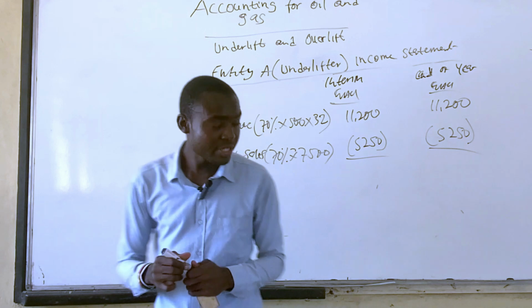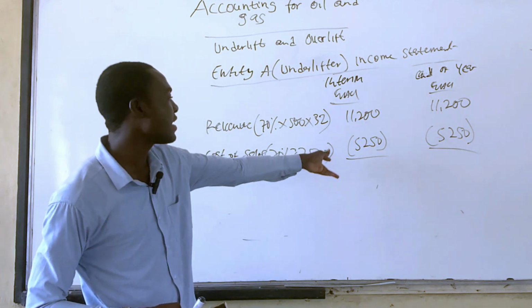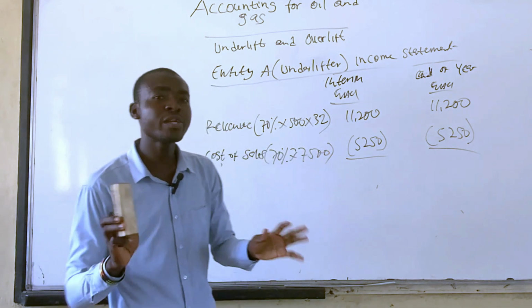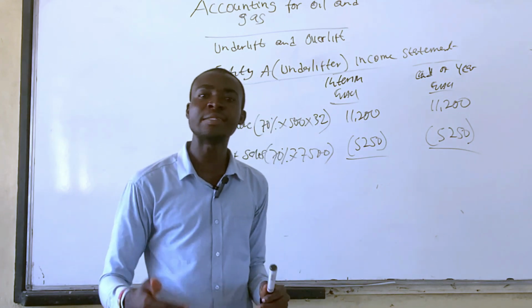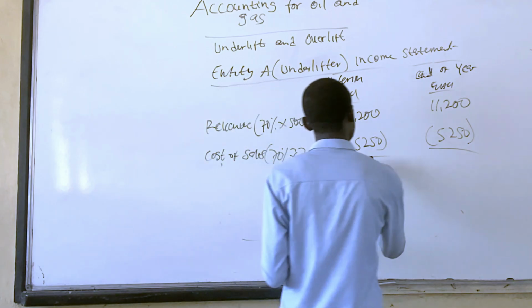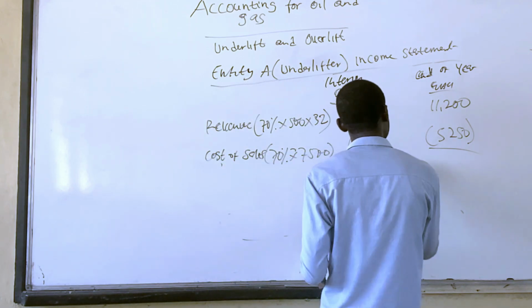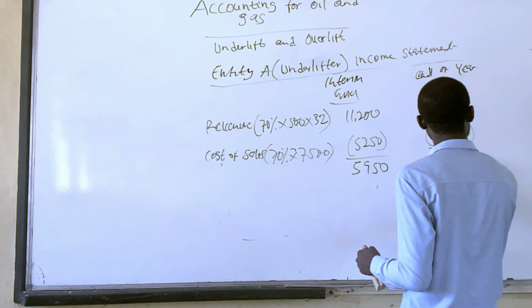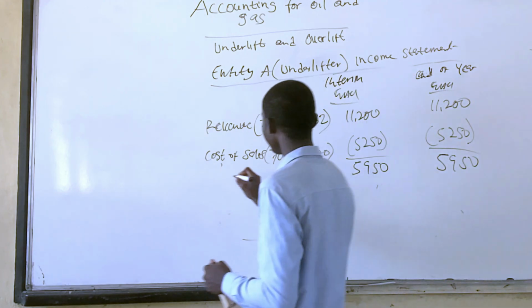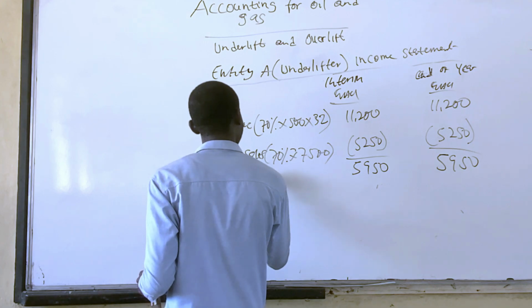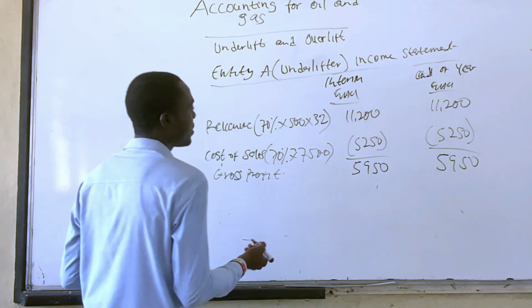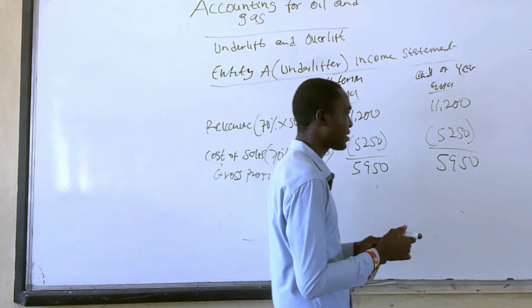Since our revenue is greater than the cost of sales, we will get gross profit, and the gross profit will be 5,950. So this is our gross profit.